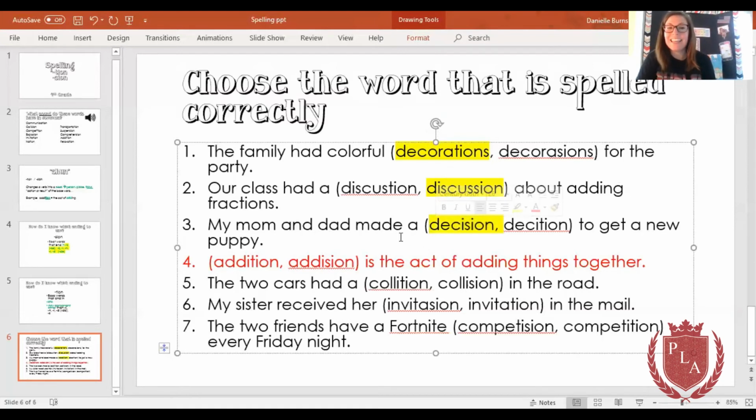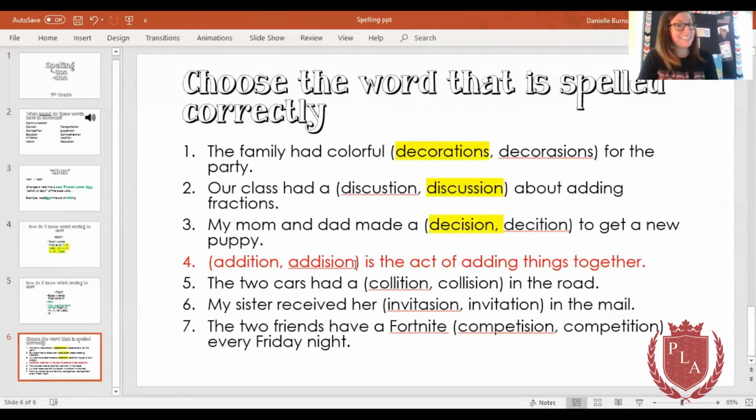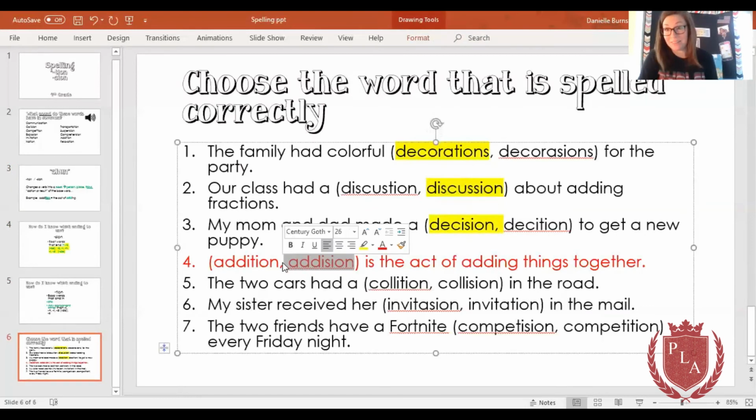Very good. Now, you might notice number 4 is red. Why did I make number 4 red? I made number 4 red because it doesn't follow one of our patterns. When we look at the word addition, the base word is add. Now, I know that add ends in a D. When a word ends in a D, we're supposed to add S-I-O-N. But that's not the correct spelling of addition.